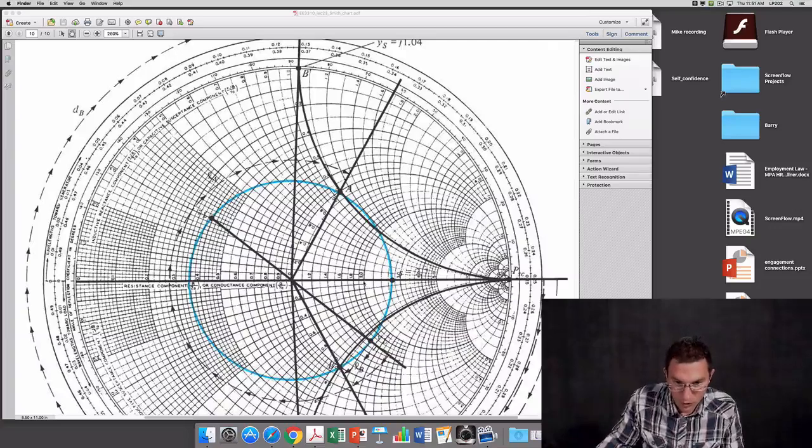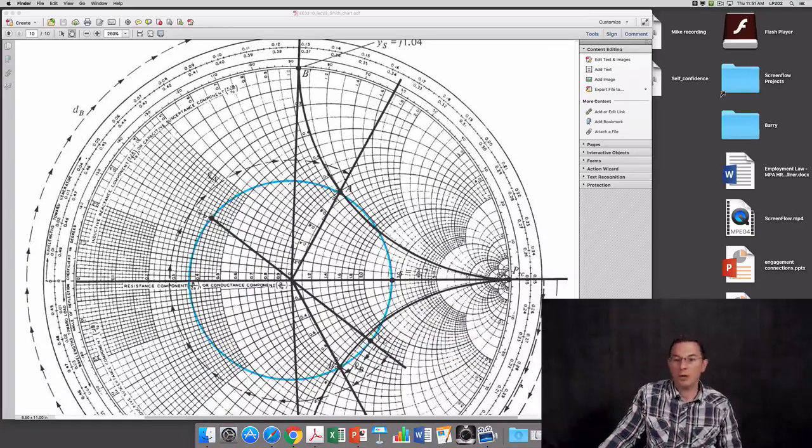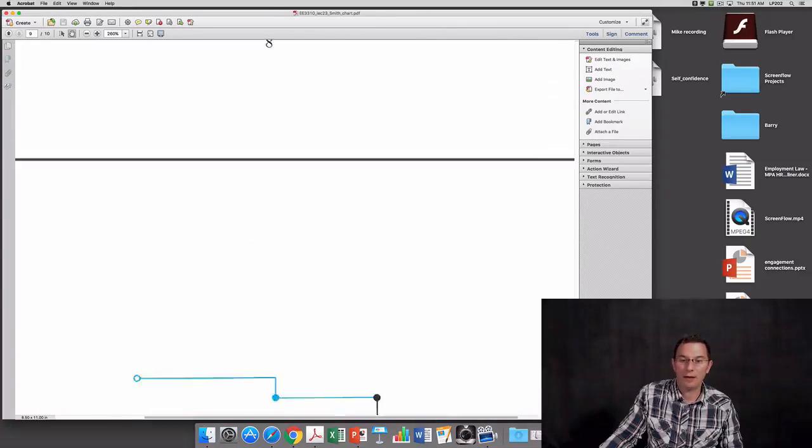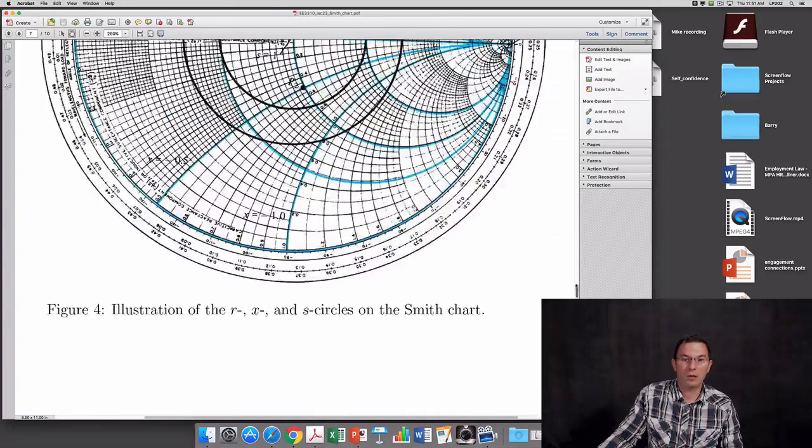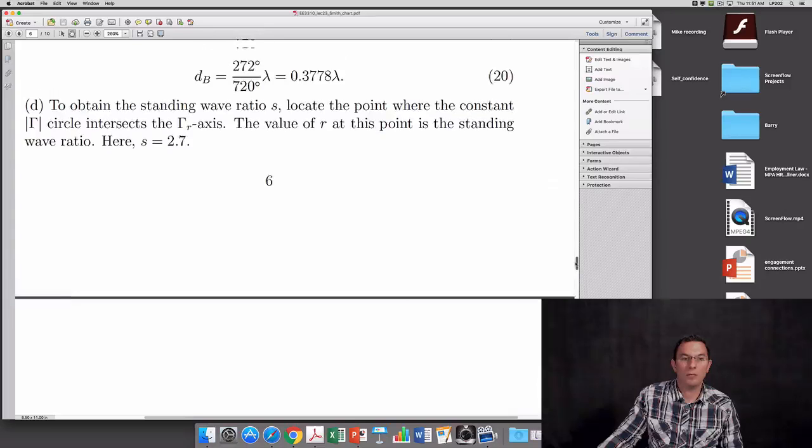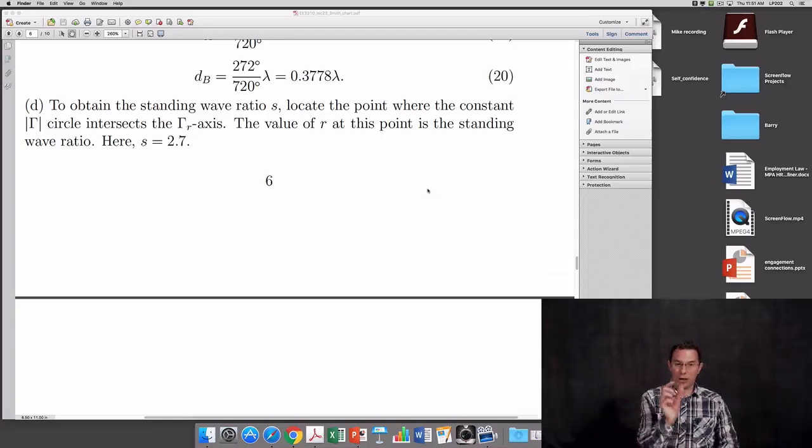That's the point 2 there. That's the point 3. So let's call it 2.7. And in fact, that is the correct number. Standing wave ratio is equal to 2.7. So the value of R at the point where that constant magnitude of gamma circle intersects the gamma R axis, that is the standing wave ratio S.